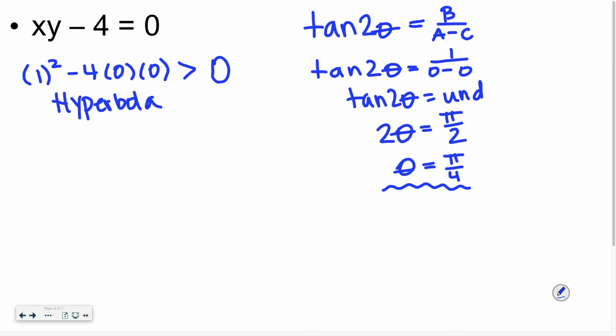Now, we need to determine our substitutions for x and y. Okay? Our substitution for x is x prime times the cosine of theta minus y prime times the sine of theta. And since theta is pi over 4, I'm going to put in pi over 4.